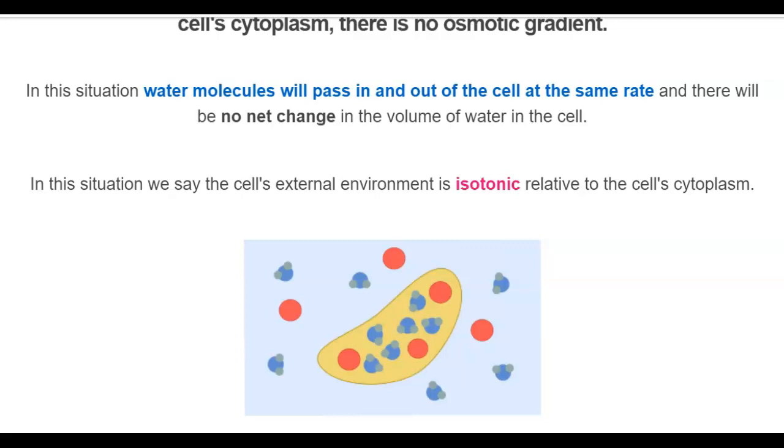In this situation, we say that the cell's external environment is isotonic relative to the cell's cytoplasm. So the number of solute particles inside the cell, 3, equals the number outside the cell, also 3. Again, this is greatly simplified, but just to give you the picture.